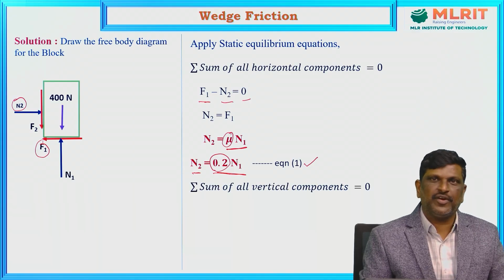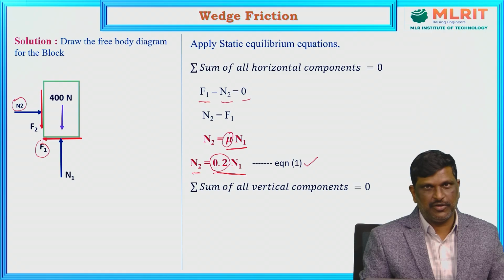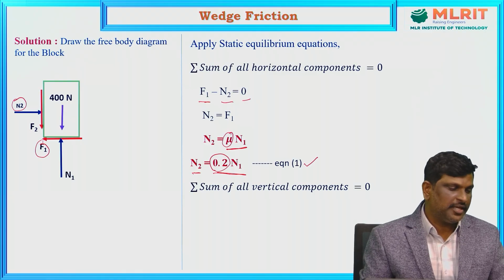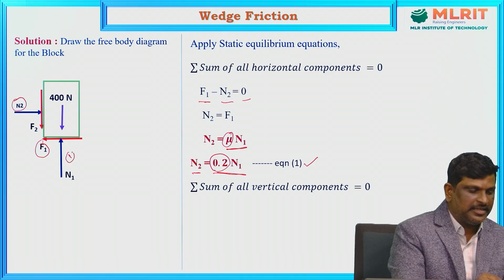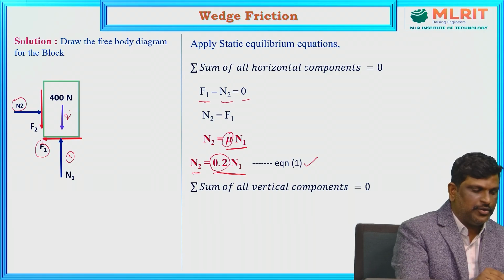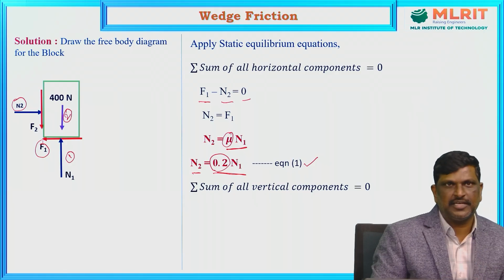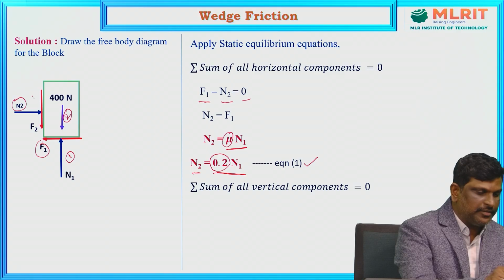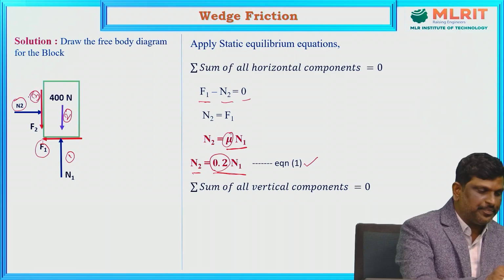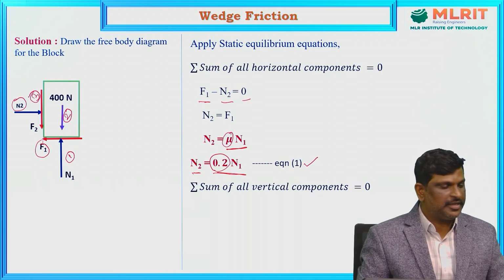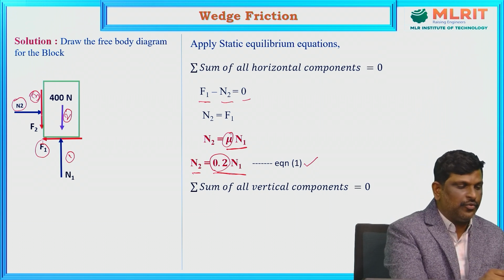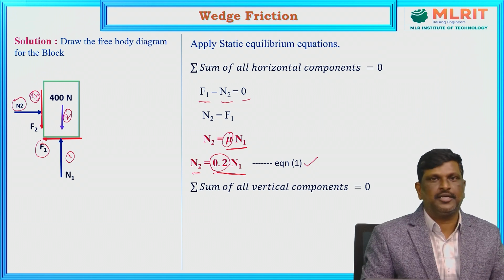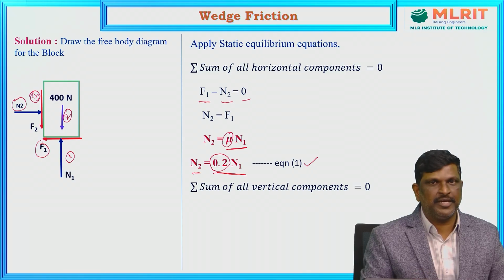Now the sum of all vertical forces is equal to 0. Look at the diagram, there are three vertical forces. N1 is acting in the upward direction, the 400 newton weight always acts vertically downwards, and friction F2 is in the vertically downward direction. If you assume the direction of friction F2 wrong, the entire problem will become wrong.